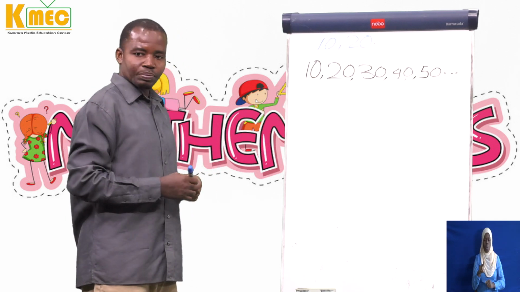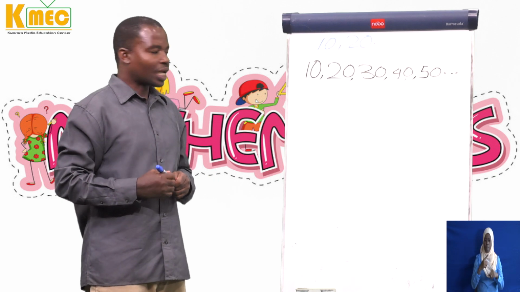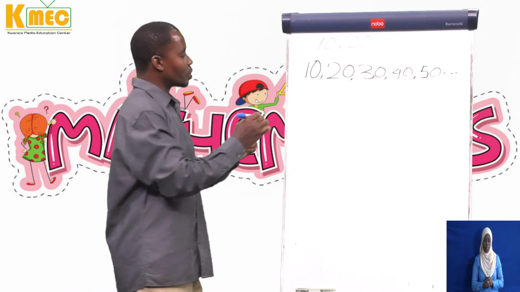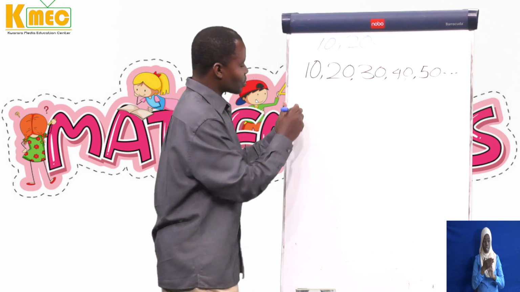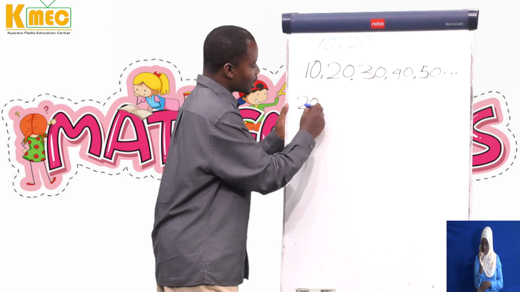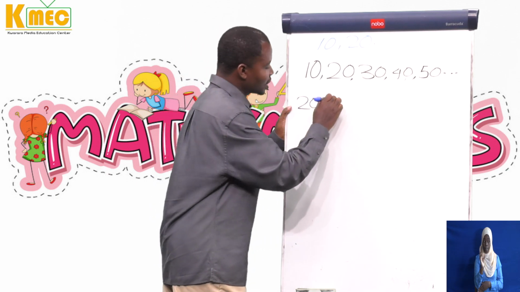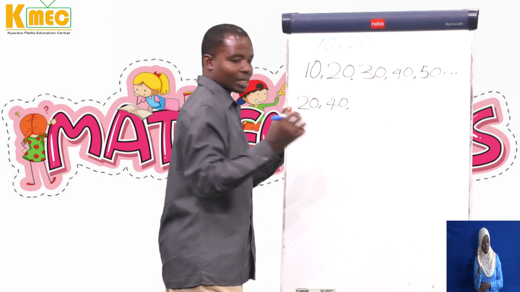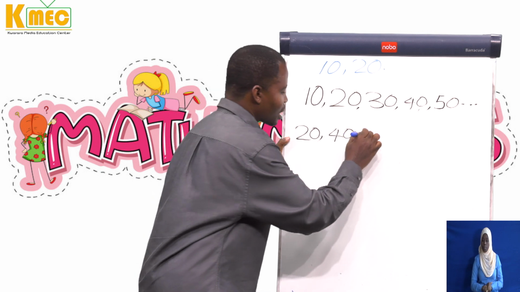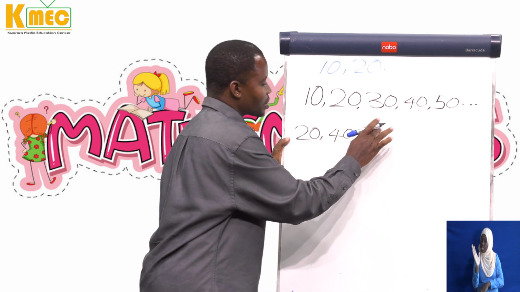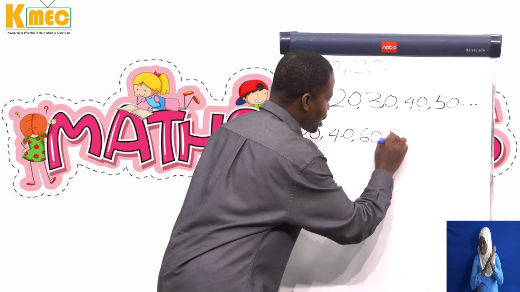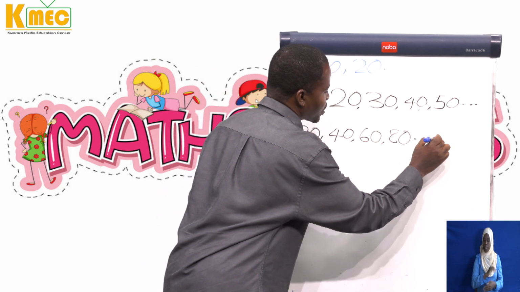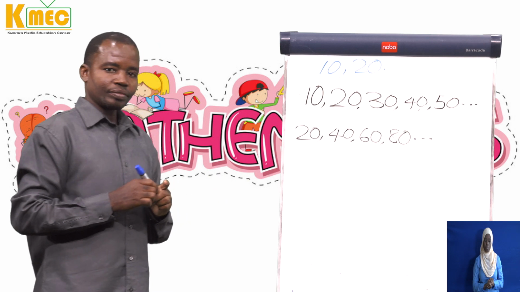And what about multiples of 20? We start with 20, and then 40, and then 60, that is 20 times 3, and then 80. It is enough. And so on.